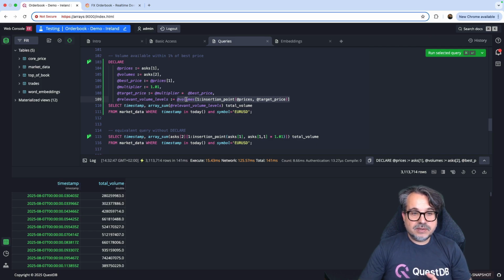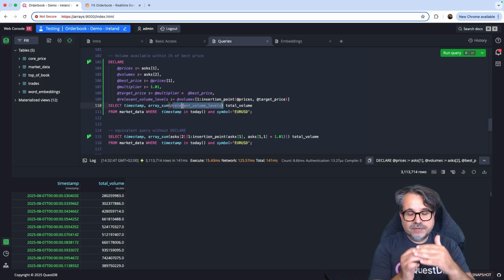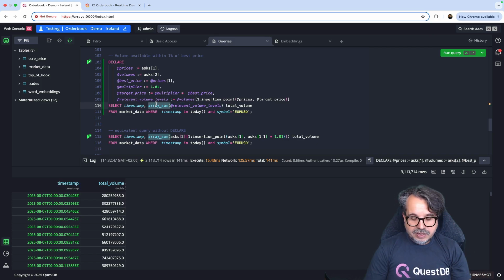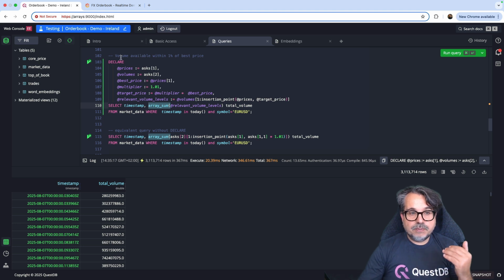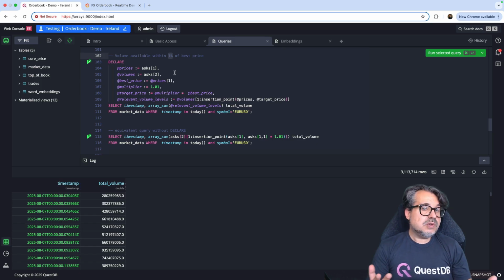And when I have this, I can do an array sum of all the volumes. So within 1% of the best price, I have these levels for the volumes, and now we are adding the total amount of those, the liquidity, if you want, for those levels. That will give me the volume available that I can buy if I don't want to go over the 1% price, which is quite cool.